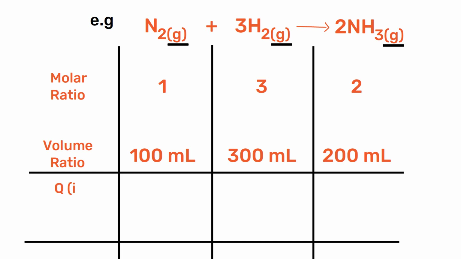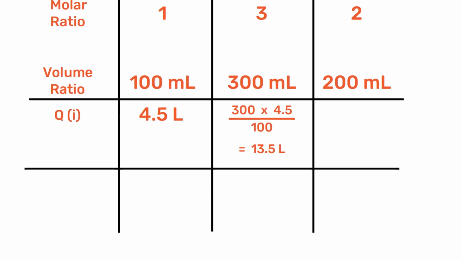If you have 4.5 liters of nitrogen, how much hydrogen would react with it? You can multiply 300 by 4.5 and divide by 100, and you would get 13.5 liters. So you can calculate the amount of hydrogen reacting with nitrogen.